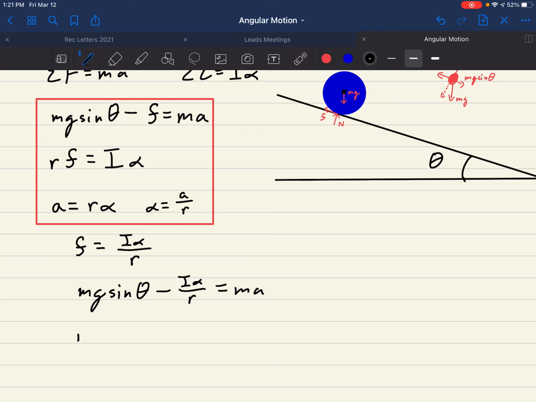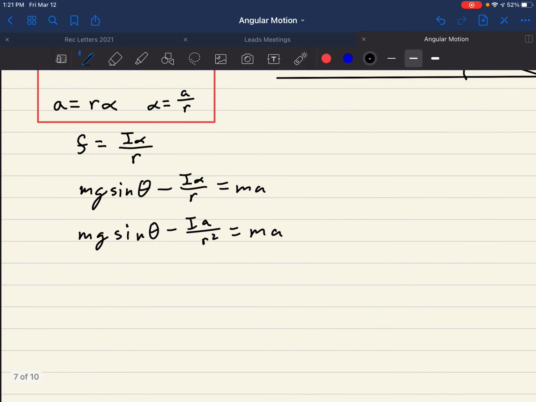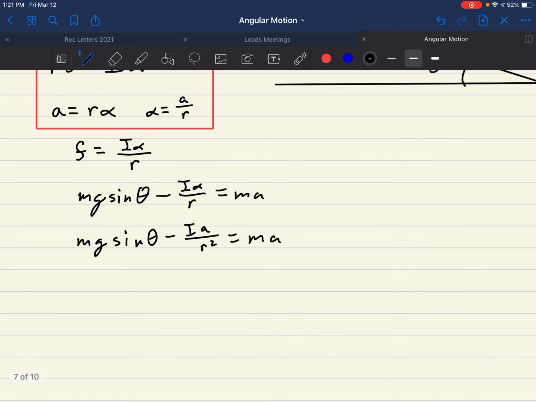I've got mg sine theta minus I times A over R squared equals ma. Now I need to solve for A.